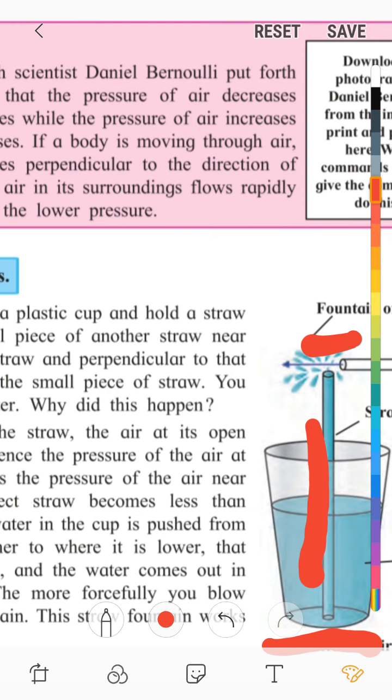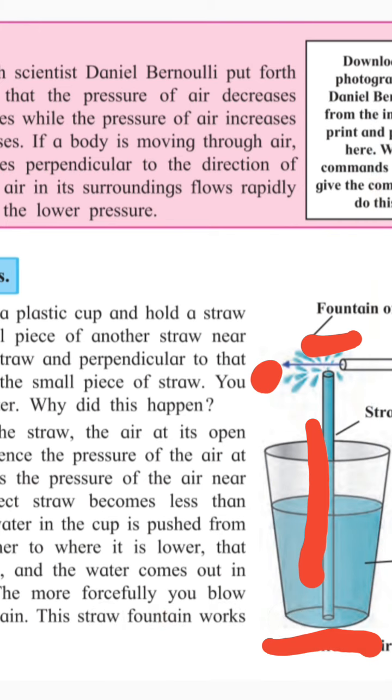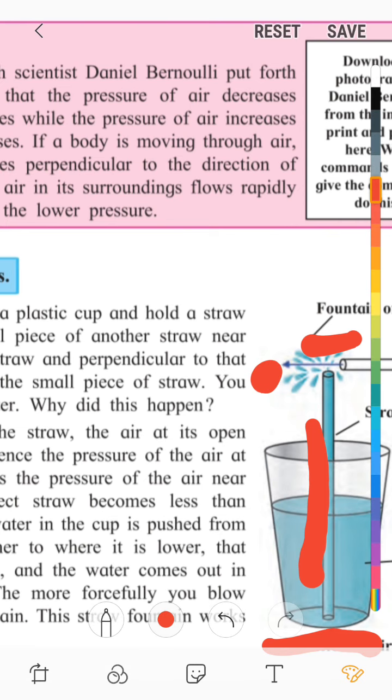You will see a fountain of water. Why did this happen? On blowing through the straw, the air at its open end is pushed away and hence the pressure of the air at the opening goes down.